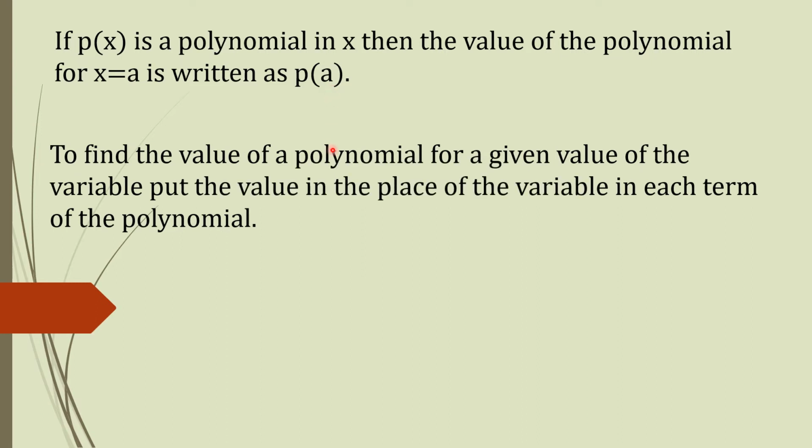Students, you have to remember this while solving the exercise. To find the value of a polynomial for a given value of the variable, put the value in the place of the variable in each term of the polynomial. So let's start with our practice set 3.4.